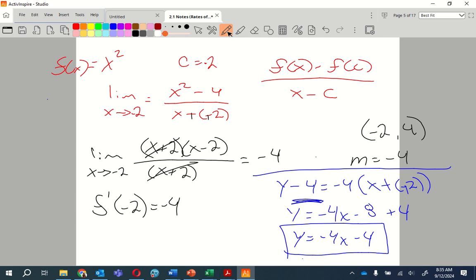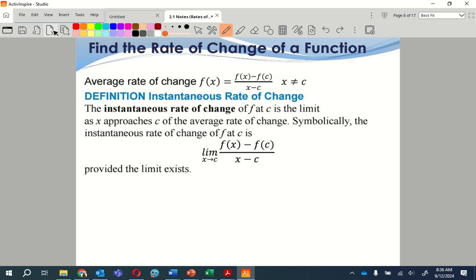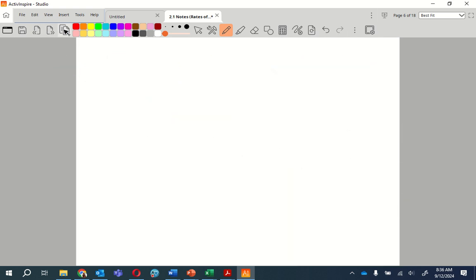Alright, there we go. So we get the tangent line. Find the equation of the normal line. And it gave me my point again. So what do we know about the normal line? It's perpendicular to the tangent, right? So if my slope is -4, the normal line, I'm going to use the perpendicular symbol, would be the opposite reciprocal.